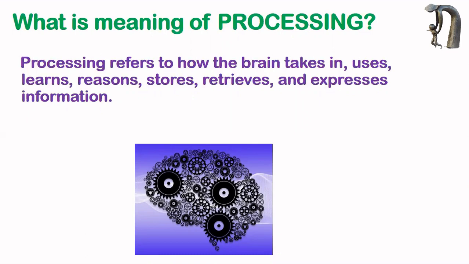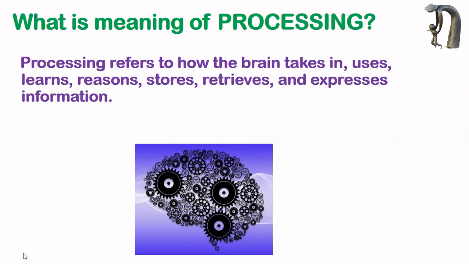As I said just now, if processing is delayed, that means the components of the brain are compressed and the information is not moving through. It is not processing, and as a result, the child will respond, but it will take time. It will be delayed. So that is how processing works.